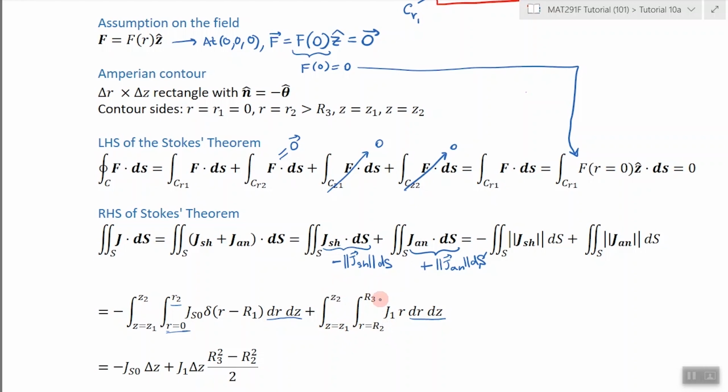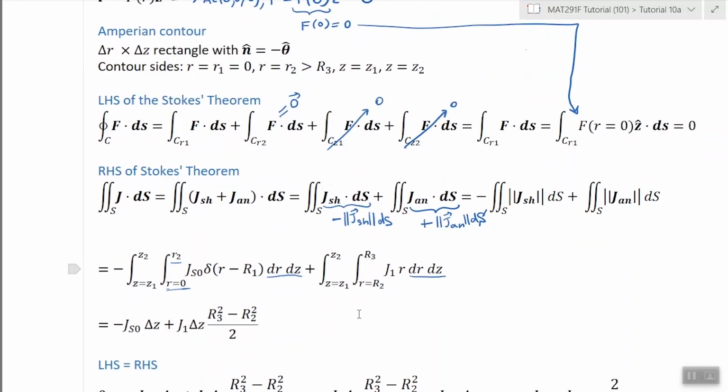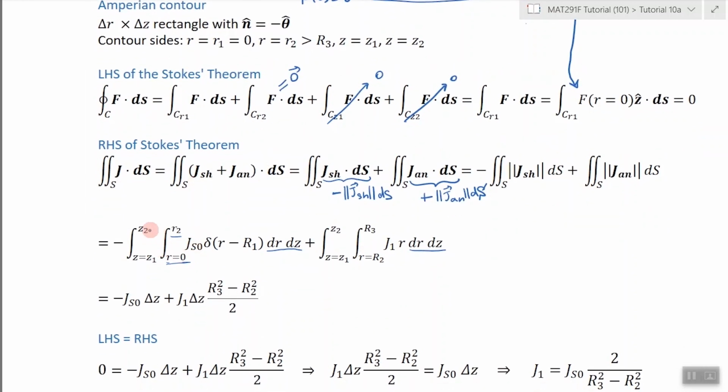So then I did that, and then I integrated, and I'm skipping the steps because the integration I already did. It's exactly the same as in previous steps, and this is the result. You can check previous pages for how I got this. But what I did next is I equated the left-hand side and right-hand side of the Stokes theorem. Left-hand side was 0. Right-hand side is this expression here.